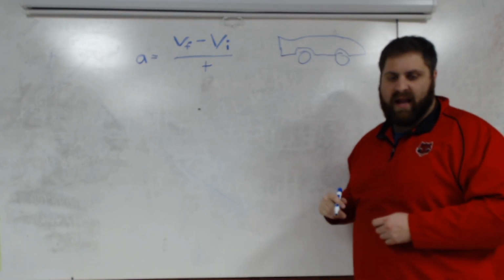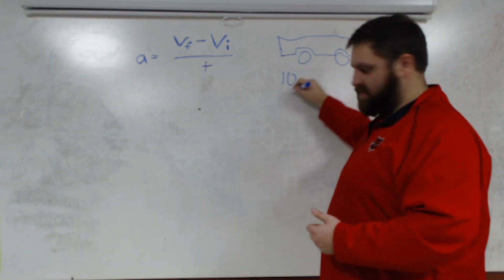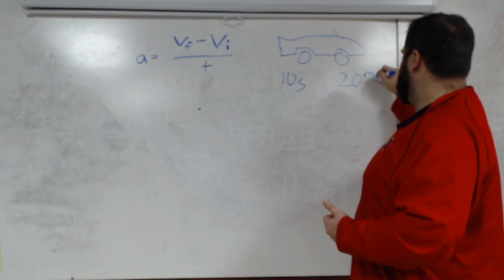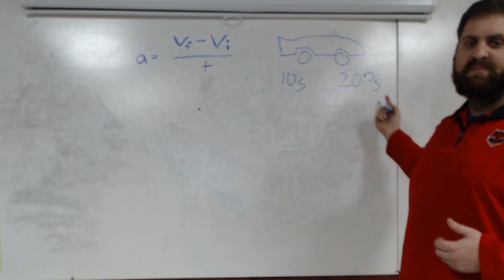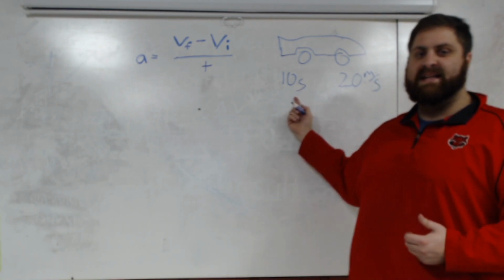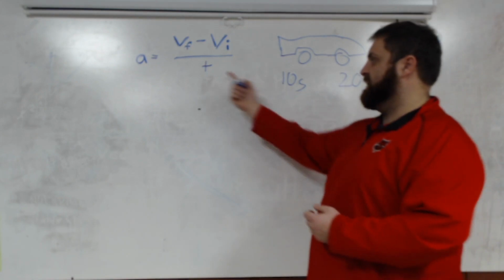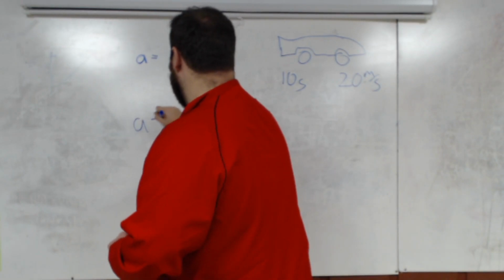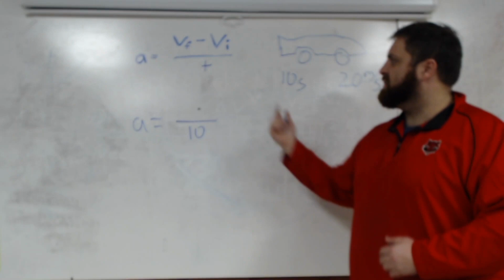In 10 seconds, it takes the car 10 seconds to get to 20 meters per second. So its velocity is 20 meters per second, and it takes 10 seconds to get to that speed. So 10 seconds, that's our t for time. I'm just going to write this over here. Acceleration equals, over 10 seconds.